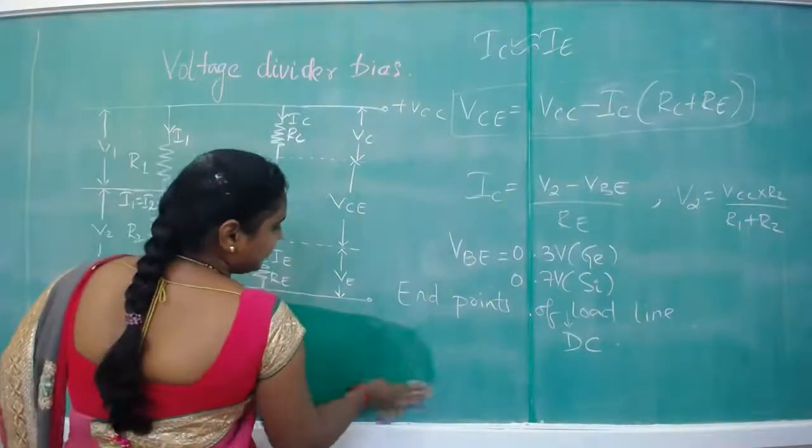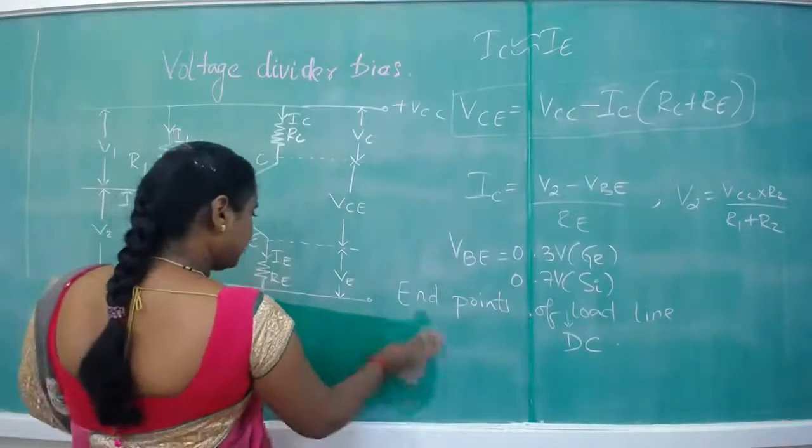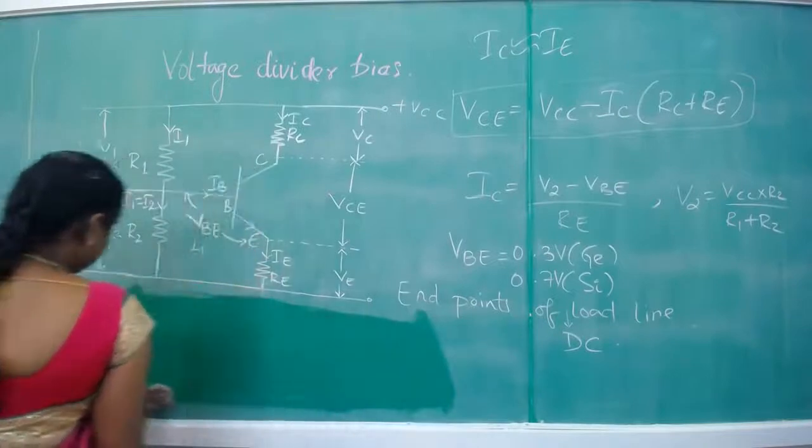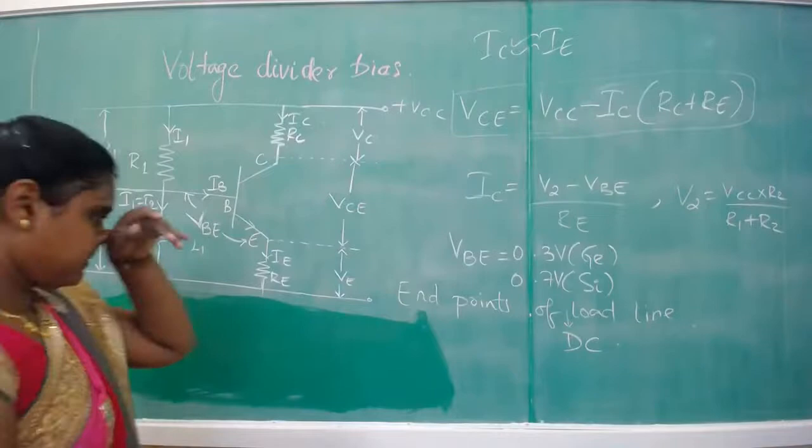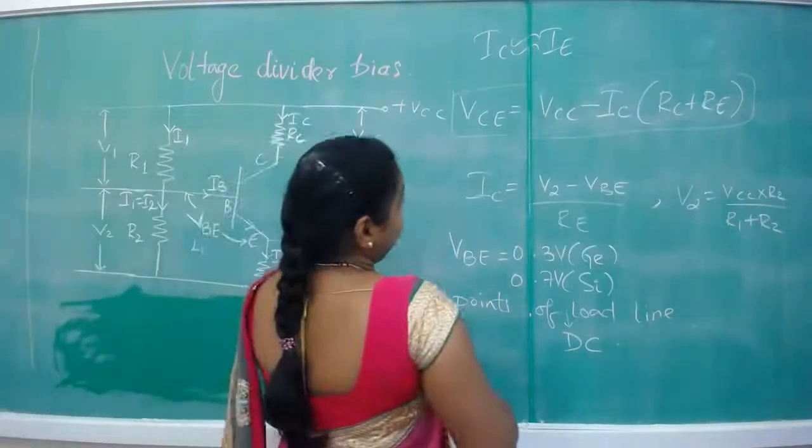Now we'll find the end points of the load line. That means IC sat and VCE cutoff point. We have 2 points now, right? So how to find the IC sat?